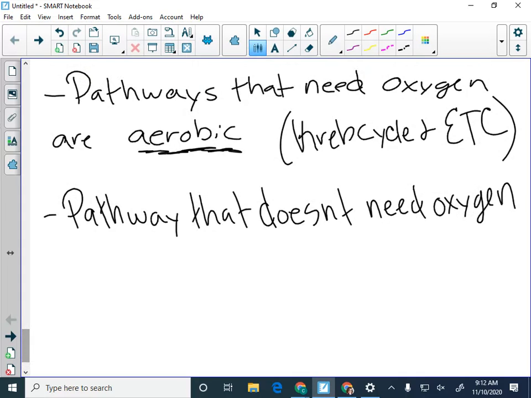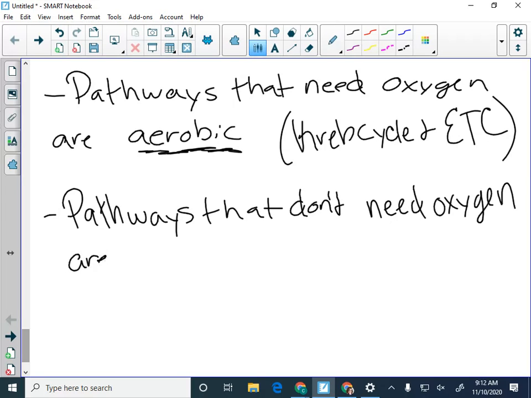So pathways that need oxygen are aerobic. Those are like the Krebs cycle and the electron transport chain. Pathways that don't need oxygen are anaerobic. This is like glycolysis.